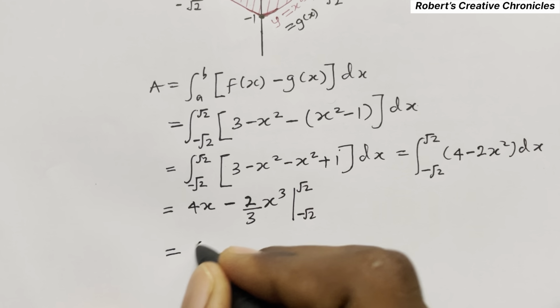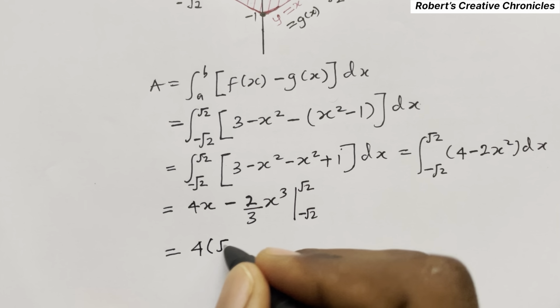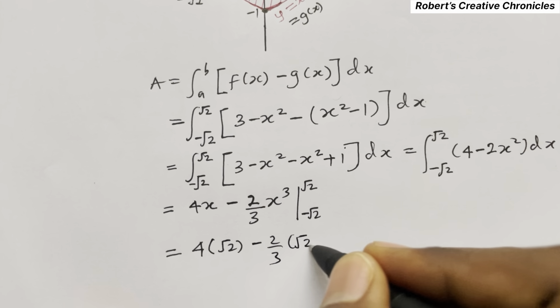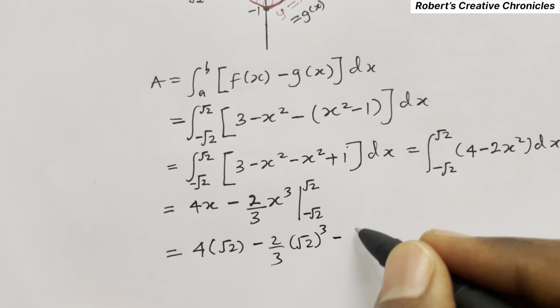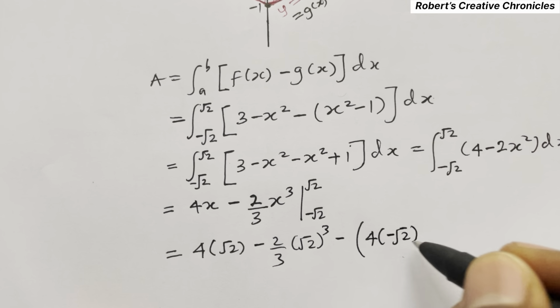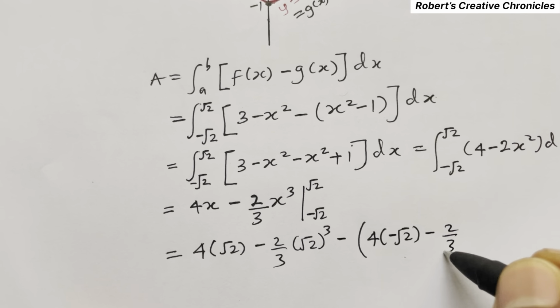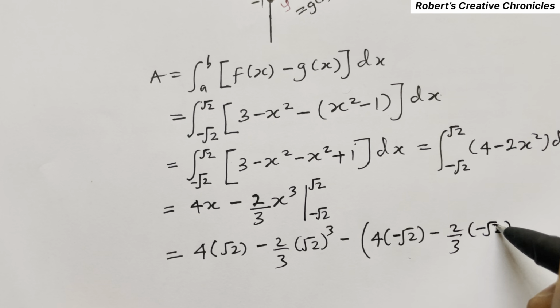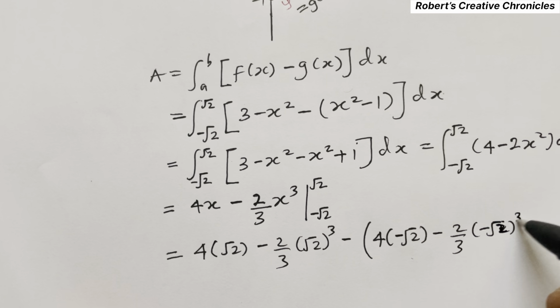This becomes what? 4 root 2 minus 2 over 3 root 2 cubed, minus 4 negative root 2 minus 2 over 3 negative root 2 cubed.